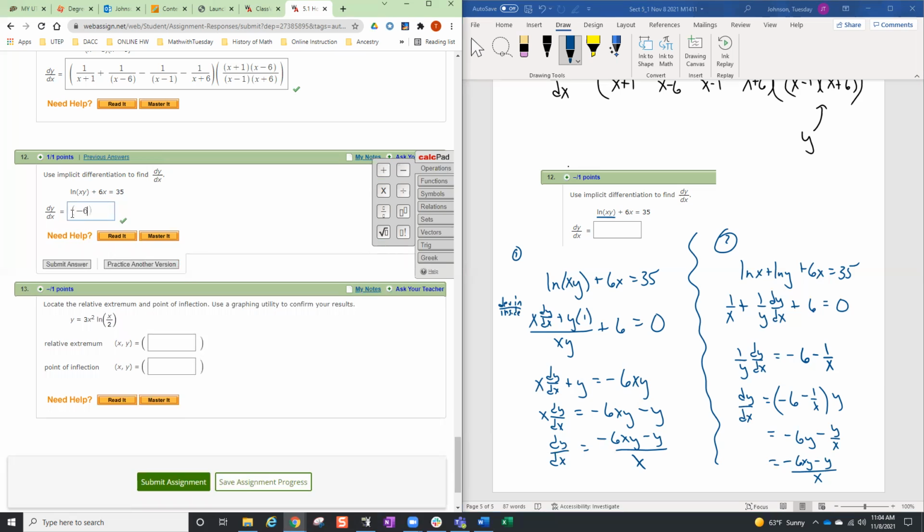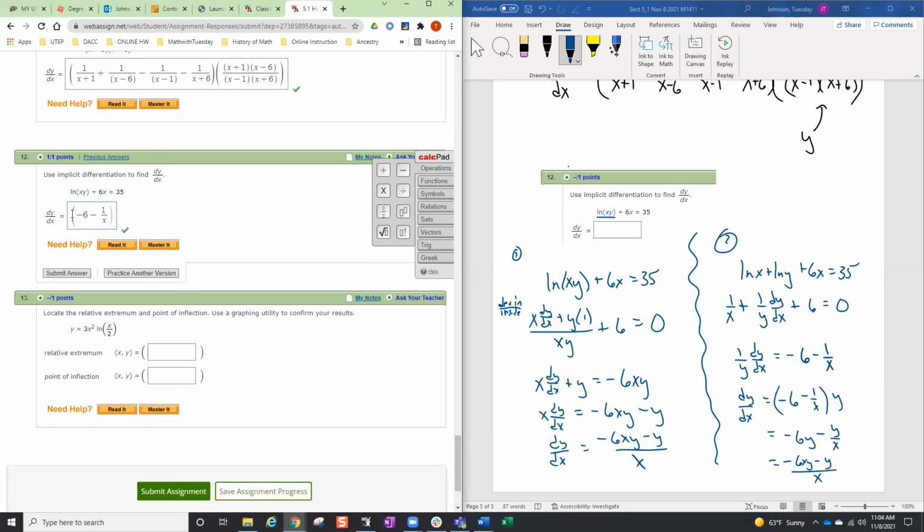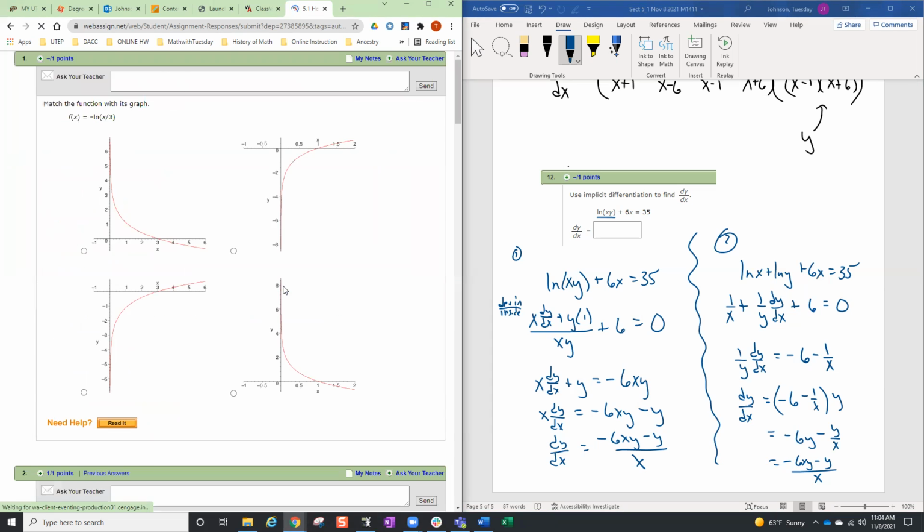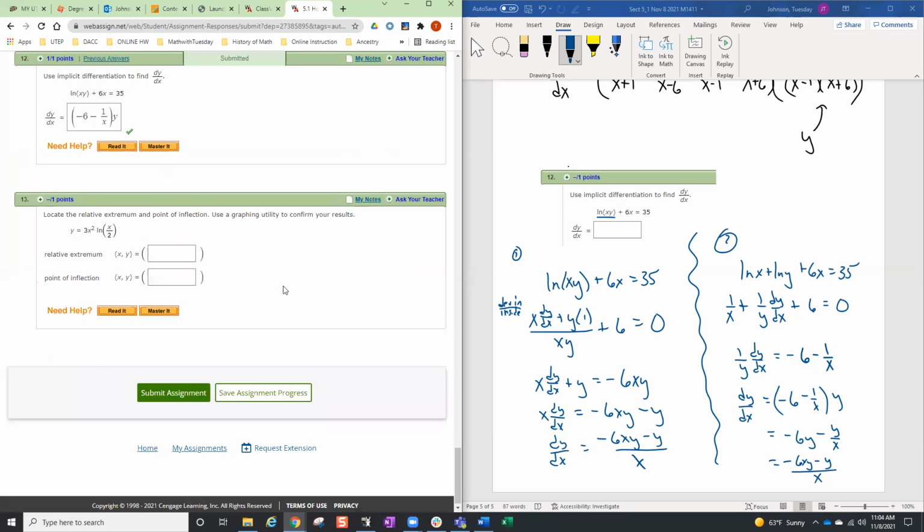Maybe -6 minus 1 over x gets multiplied by y. Mailman's on his way back. So it doesn't really matter how you enter it, because WebAssign knows, as you do, that these are equivalent and you could take either approach to it.